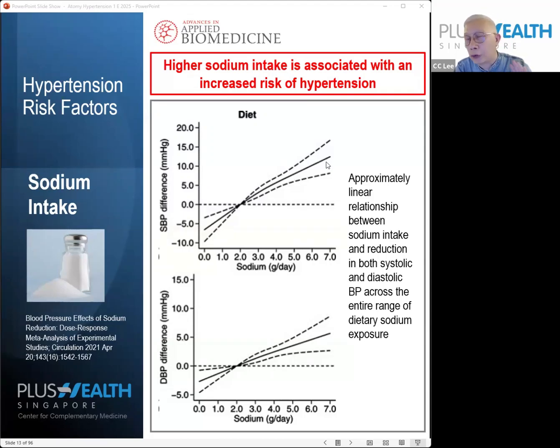So as you increase your intake of sodium beyond the 2 grams per day nominal average, both the systolic and diastolic blood pressure increase linearly according to the dosage. So this is very important. That means that if you are having hypertension or you do not want to have hypertension, you need to actually control the sodium in the diet.